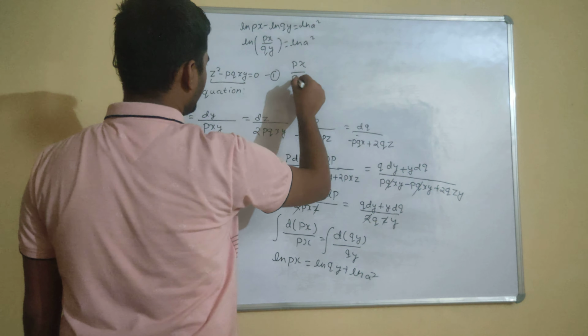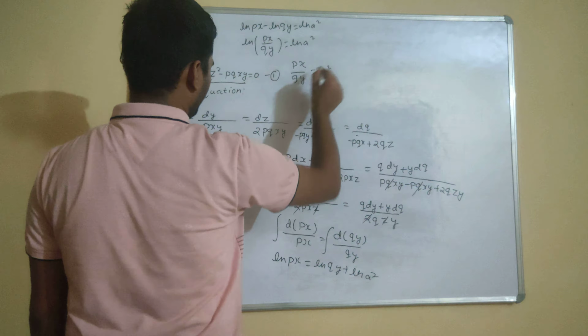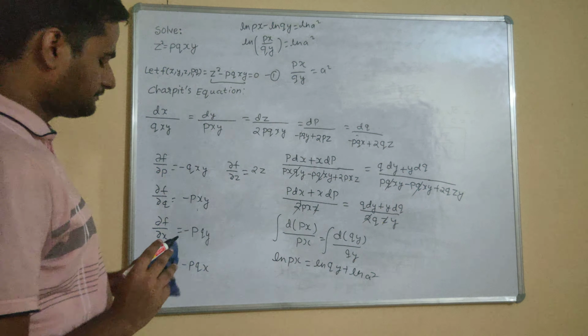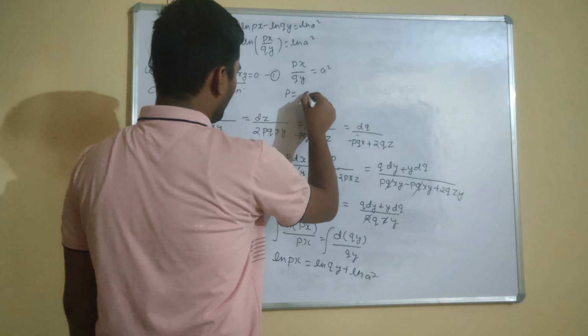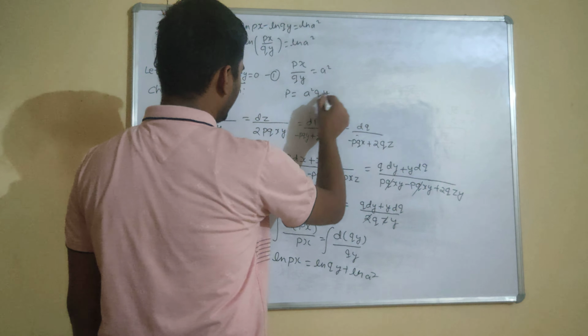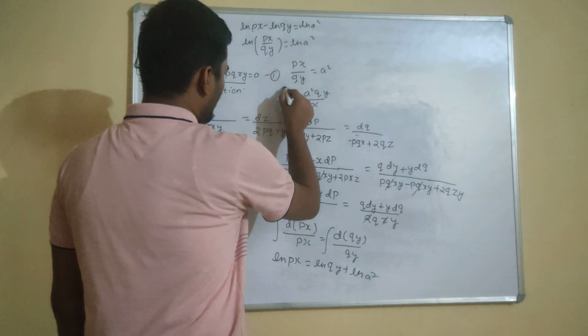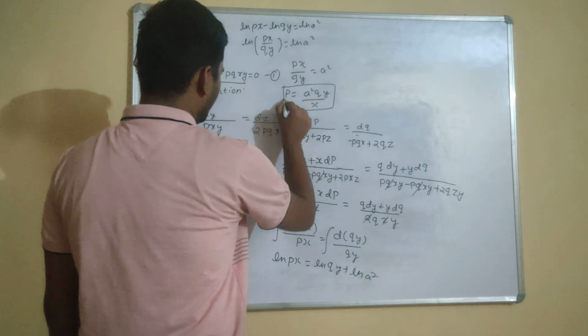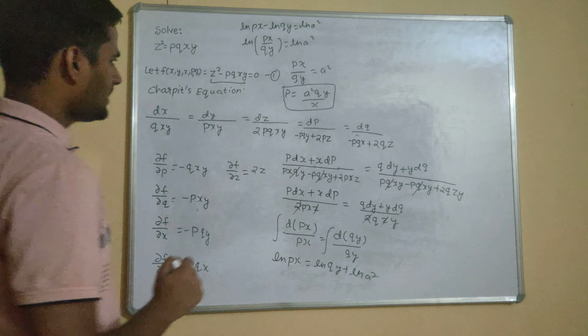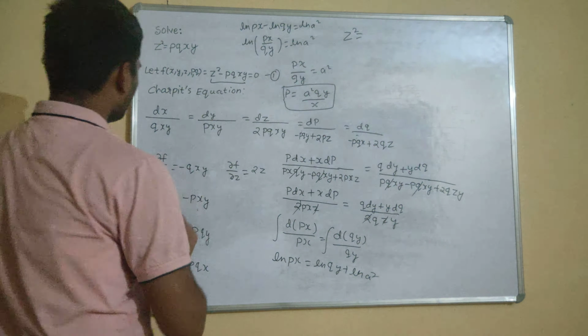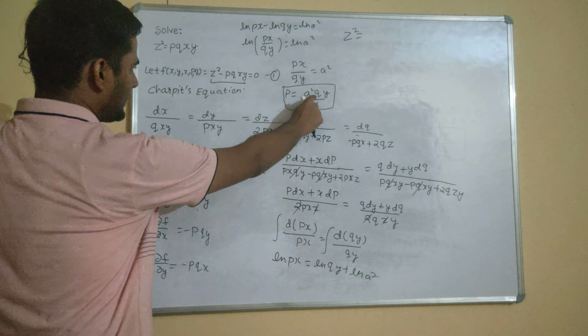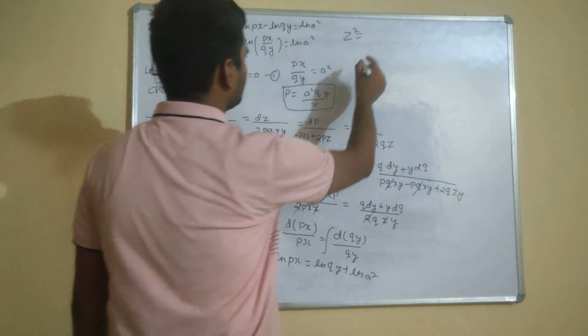First focus is finding p alone. So if you find p alone, you get a square qy divided by x. Put this value of p in the original equation.